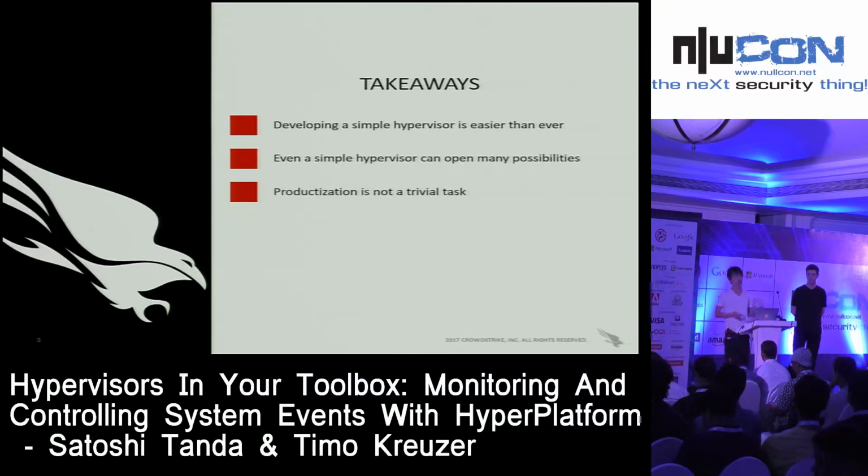And the pages on which it runs are random pages. They can be from non-paged pool or from system PTEs, so it is really hard to detect where these pages are. And they are different pages every time PatchGuard runs.